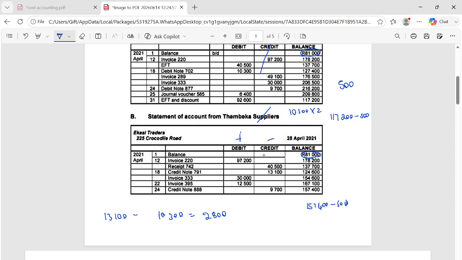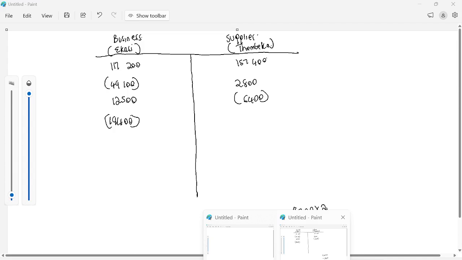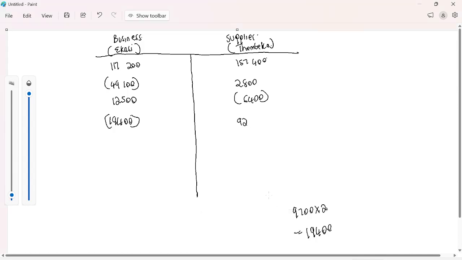We paid 92,600. Did they account for it? No, because they closed their books earlier. So which is 92,600. We're gonna subtract it on their books. So I'm gonna have 92,600. Subtract it. Then there's nothing.